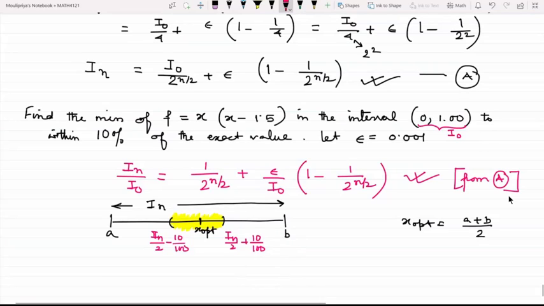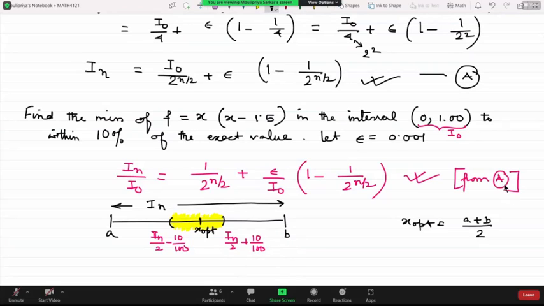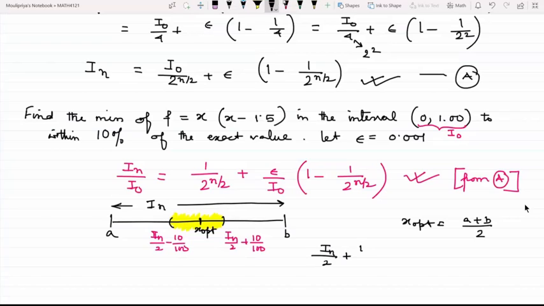Isn't it? So what I want is In by 2 plus 10 by 100 minus In by 2 minus 10 by 100. That means this is actually how much? This is 2 by 100, not 20, which is actually 1 by 5, right?